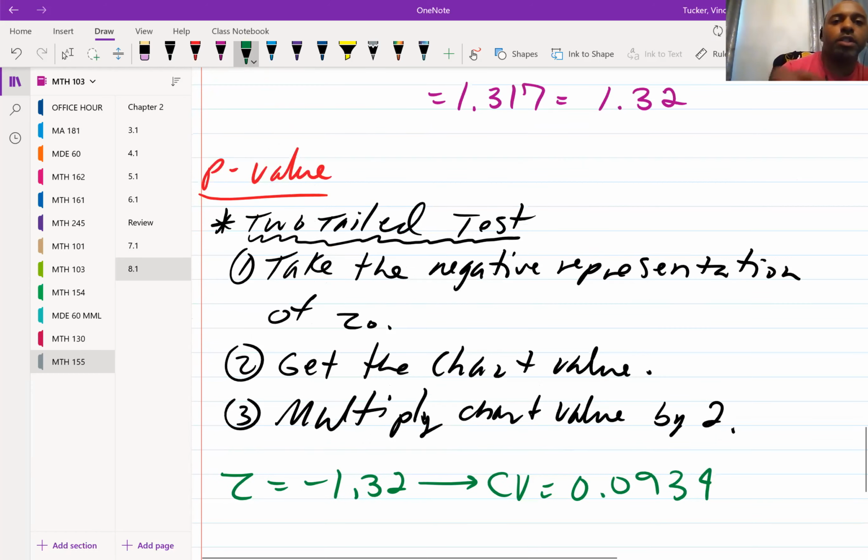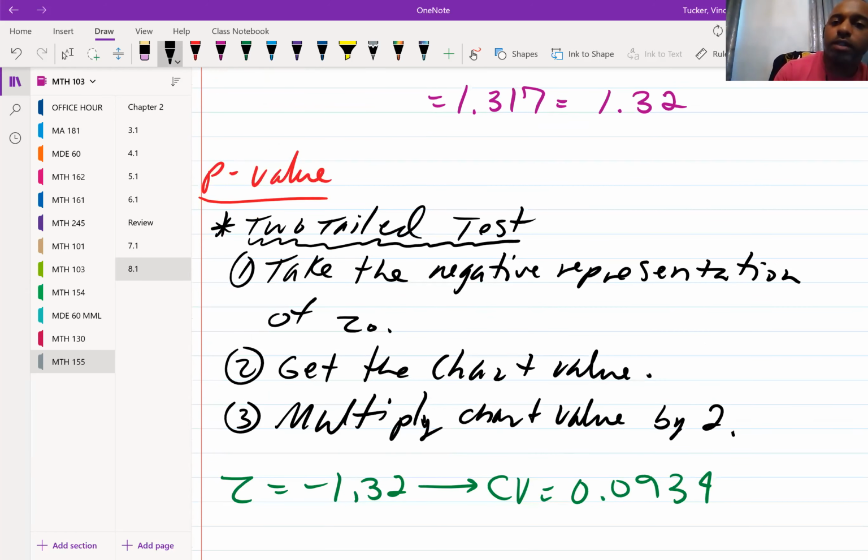And the reason we do this is because when you look at your two-tailed test, it's set up this way.